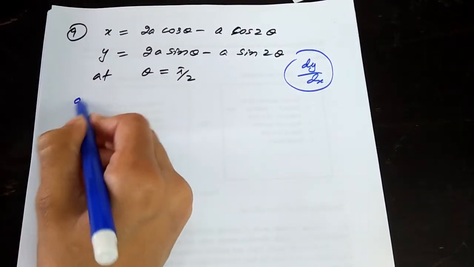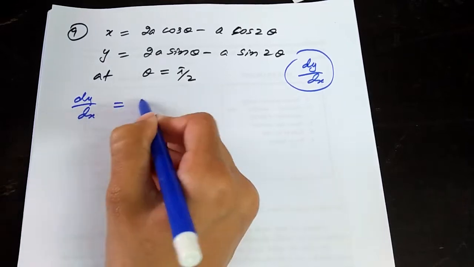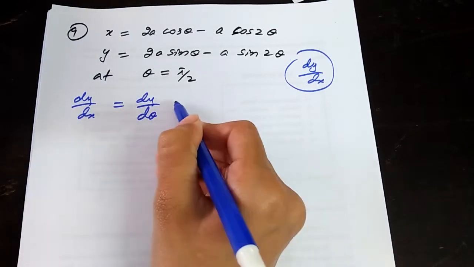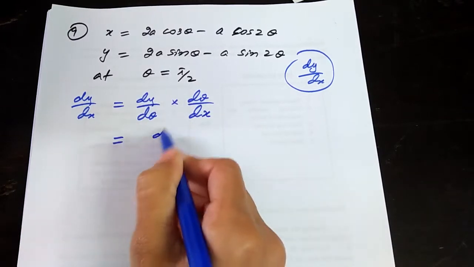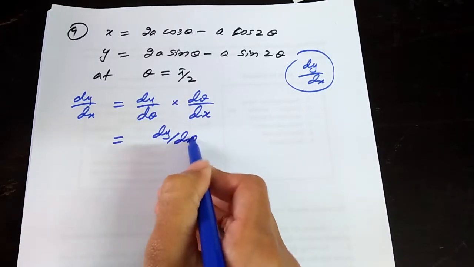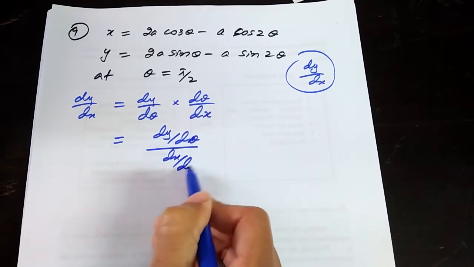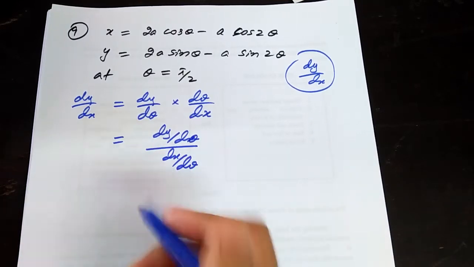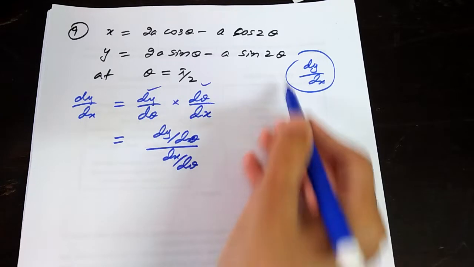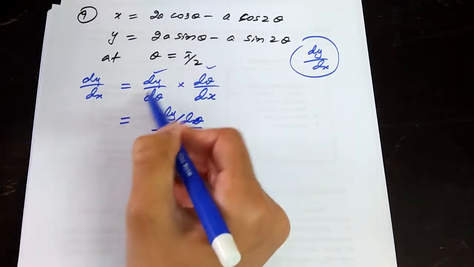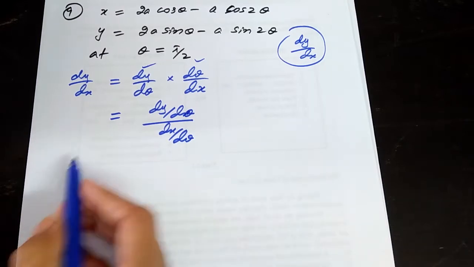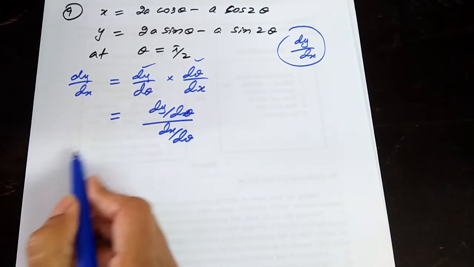For that purpose, you know that dy by dx equals dy by d theta into d theta by dx. Or you can also write it like dy by d theta over dx by d theta. It's up to you. You can just find these values, put them in and get the value of dy by dx. So for that purpose, we need dy by d theta and dx by d theta.